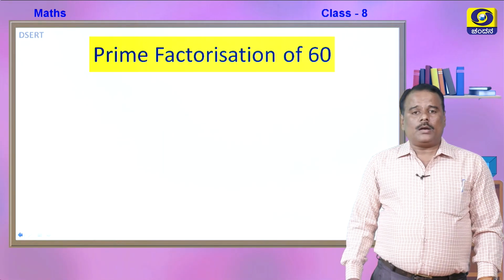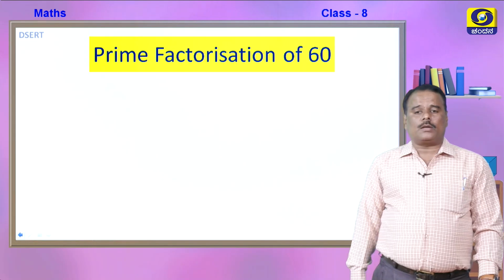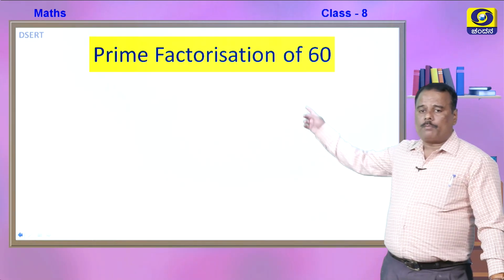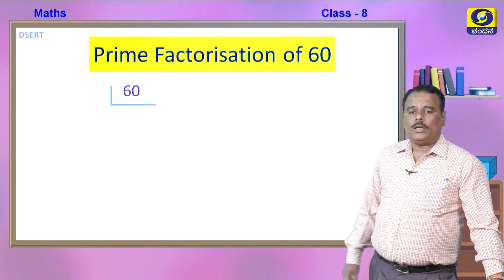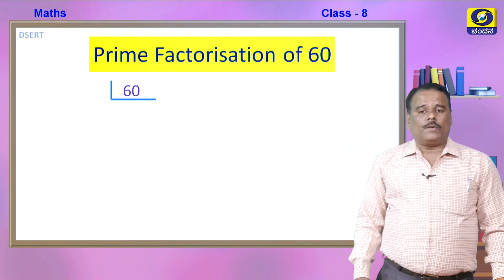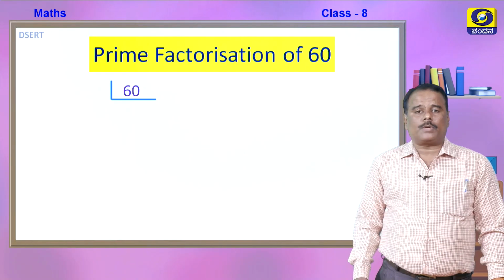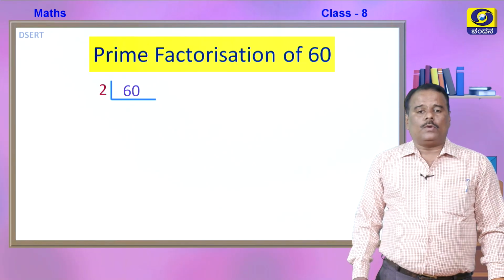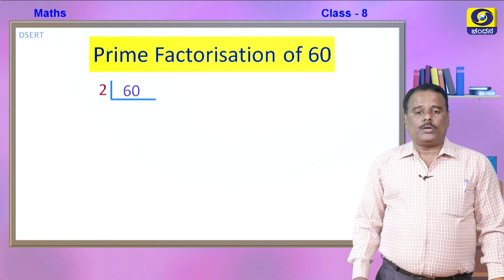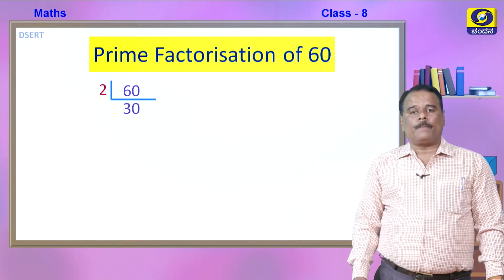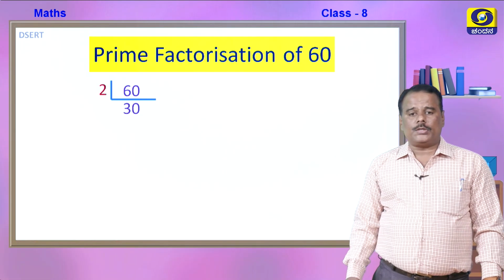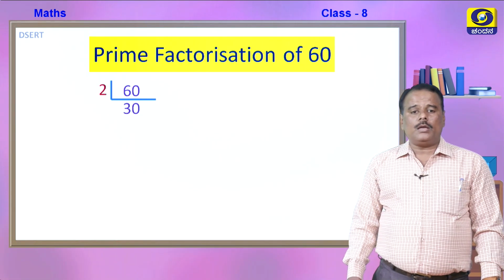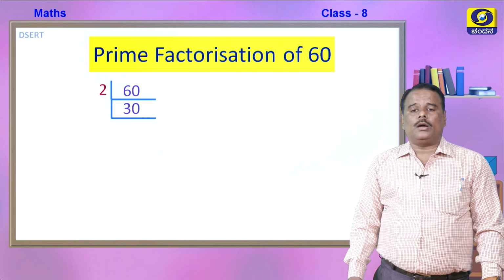To better understand the meaning of prime factorization, let us have an example of the prime factorization of 60. We begin with the smallest prime number, that is 2. When 60 is divided by 2, we get the quotient 30. Next, again 30 can also be divided by 2 because it is an even number, to get the quotient 15.